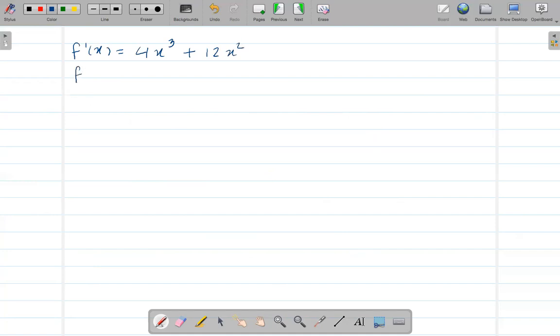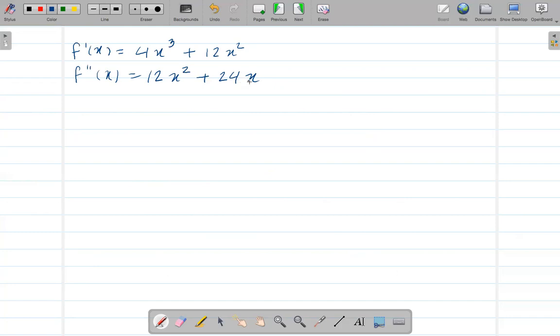So now if I take the second derivative, the 3 is going to come down here, so that will be 12 x to the power 3 minus 1, which is 2. The 2 is going to come down here, so 12 times 2 is 24. x to the power 2 minus 1 is just 1.